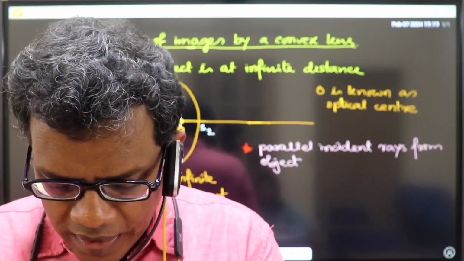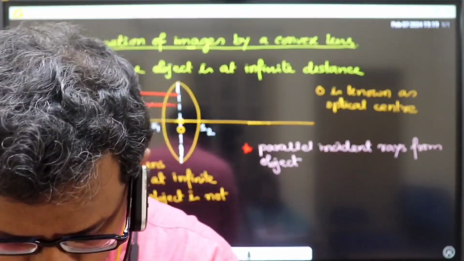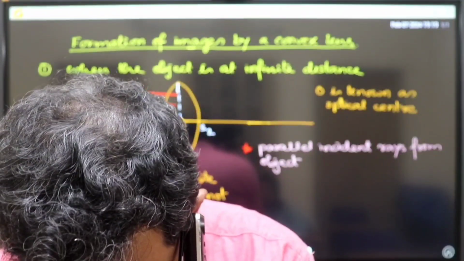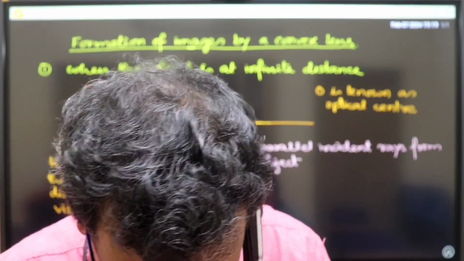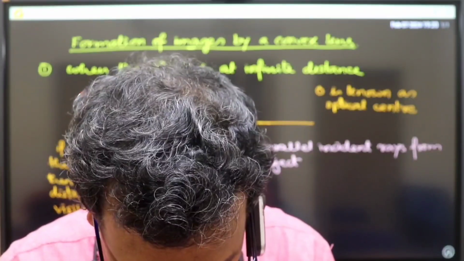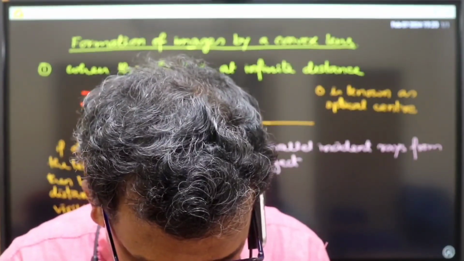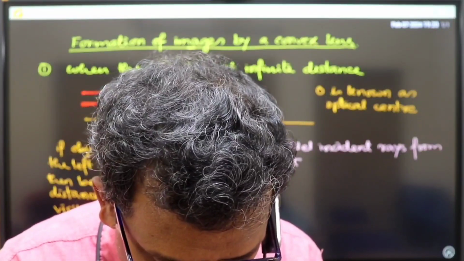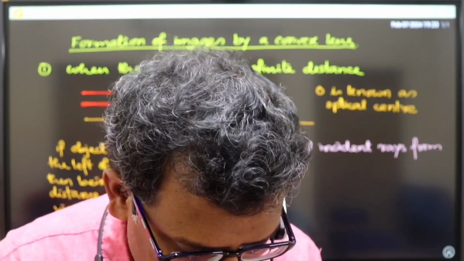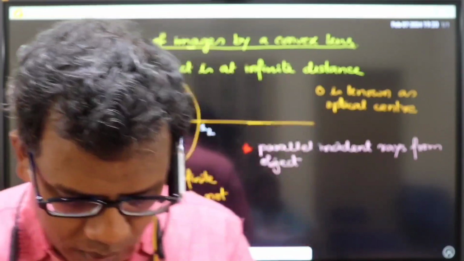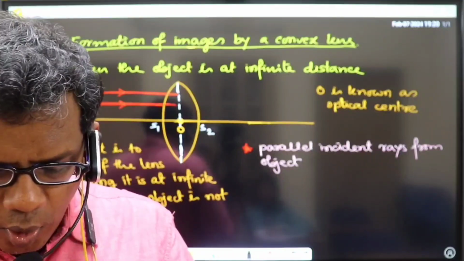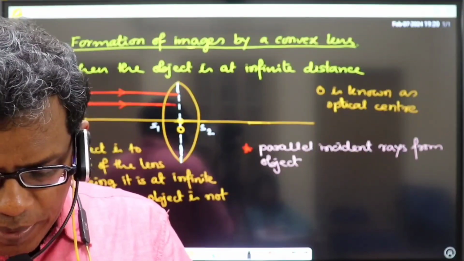Yes or no? In mostly all the diagrams I have shown object positions, either a point object or, by drawing a vertical line, a dimensional object, in the cases of concave mirror, convex mirror, or even plane mirror.